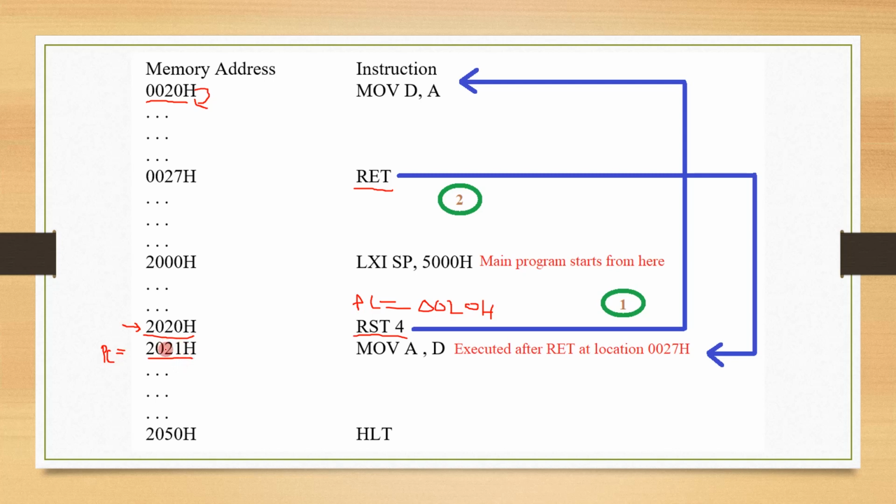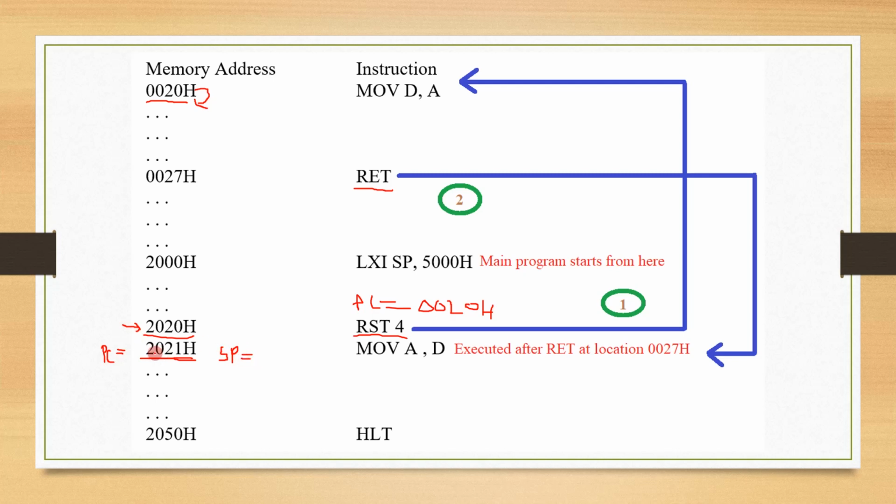So what happens when the processor has to jump to some other subroutine? That time this address will be stored in the stack pointer. I have already discussed this in the video on program counter and stack pointer.